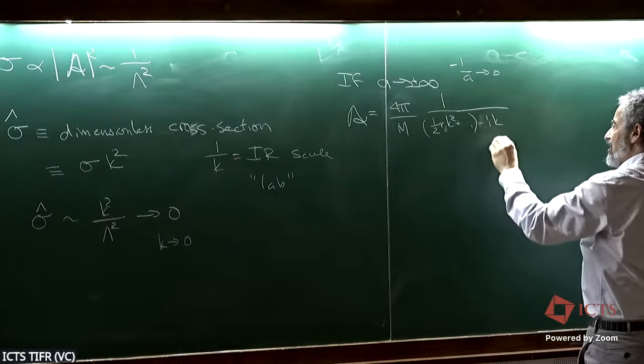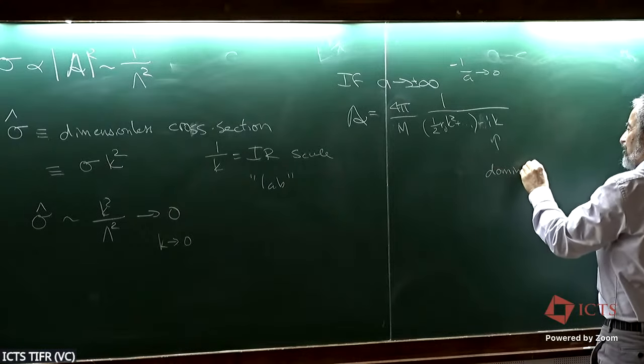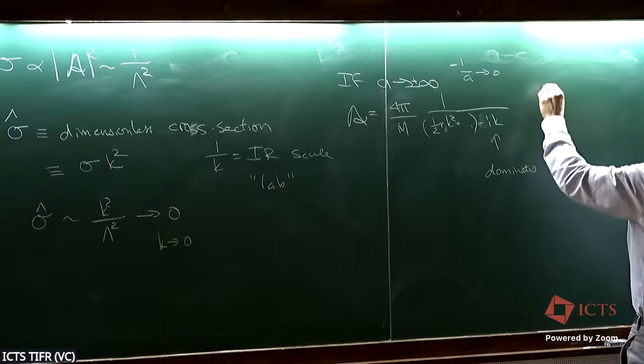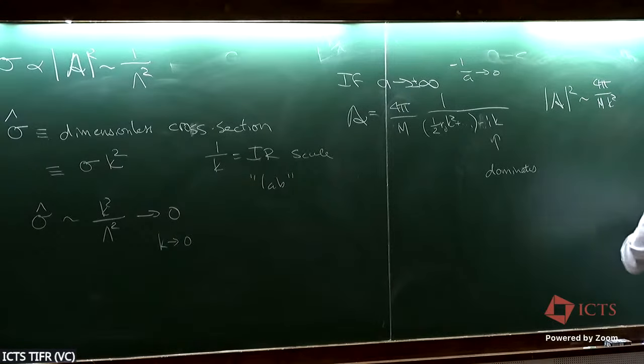And so now you see that this dominates at low k in the denominator. And so A squared goes like 4 pi over m k squared, and sigma hat equals order 1. And so we have a strong cross section.